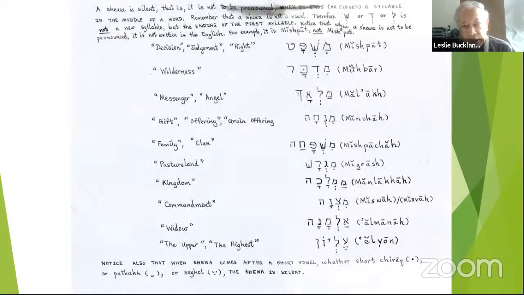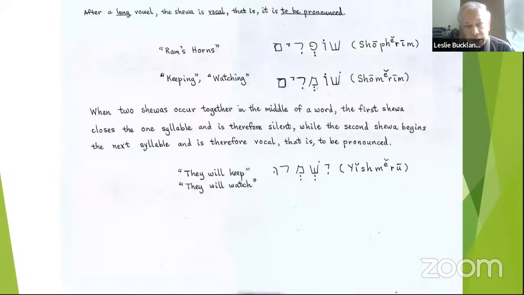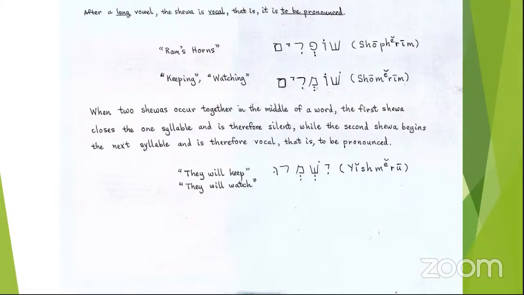However, on this page, if it comes at the end of a closed syllable consisting of a consonant, vowel, and consonant, then it is not to be pronounced. And also, if it comes immediately after a short vowel, it is not to be pronounced. And if it comes after a long vowel, like the long O in shofarim, or the long O in shomarim, then you pronounce the simple schwa.